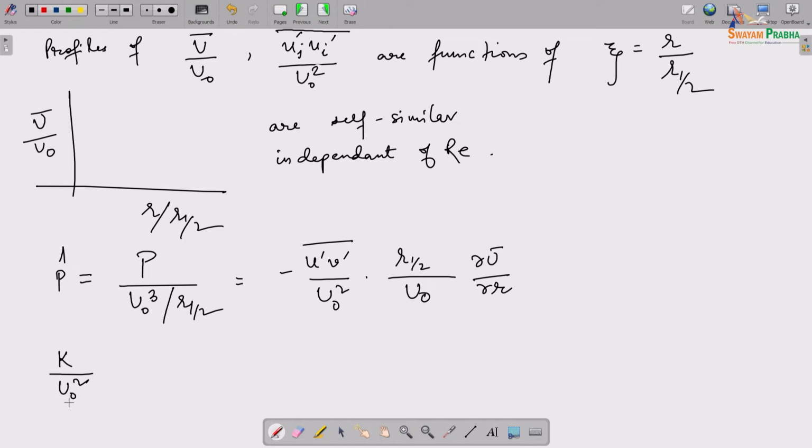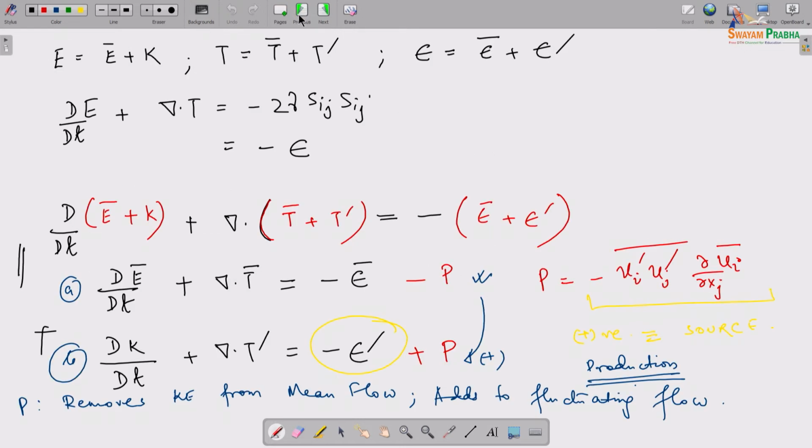Essentially, let us go back to this equation. We said this production we're going to scale with u naught cubed by r half. Now we're going to do the same thing over here.